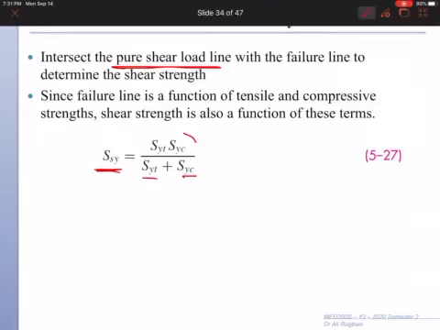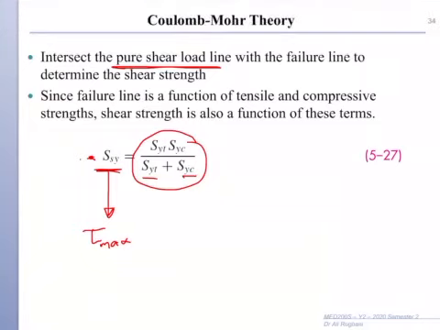We compare this yield strength for shear with the applied shear stress. If my applied shear stress is larger than yield strength for shear, then we expect failure. So shear stress must always be less than yield strength for shear in order to have a safe design.